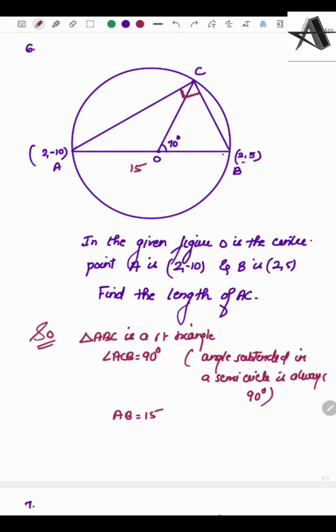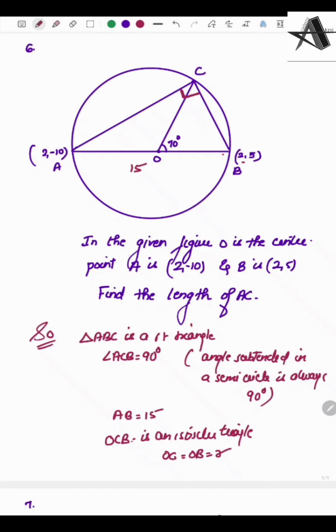That means look at the triangle OCB. We have 70 degrees there. And one more thing, it is an isosceles triangle. Why is this an isosceles triangle? Because OC is equal to OB, the radius.